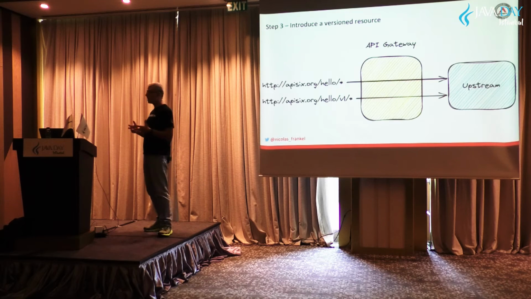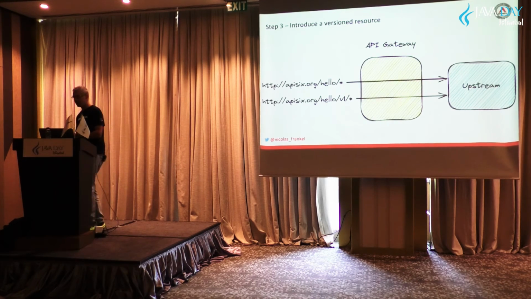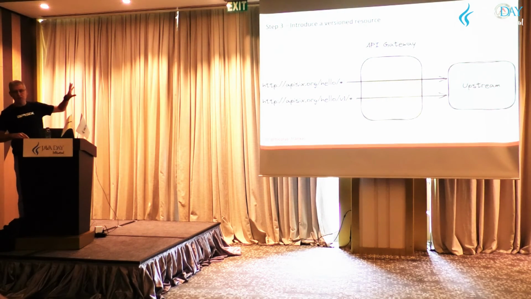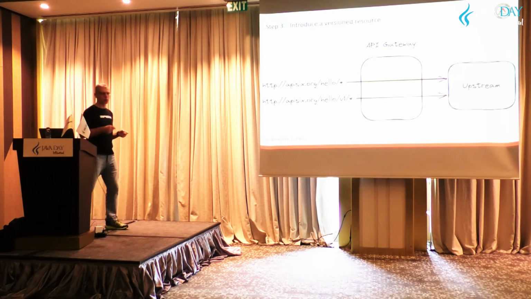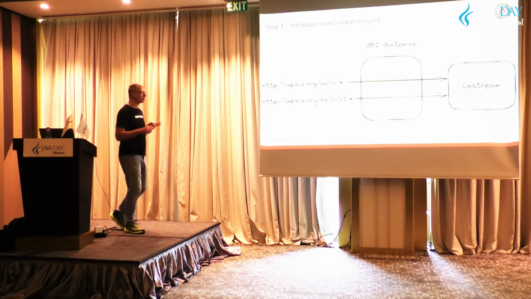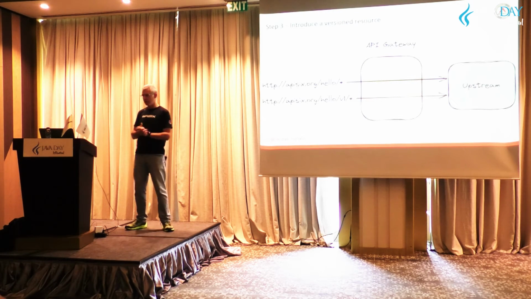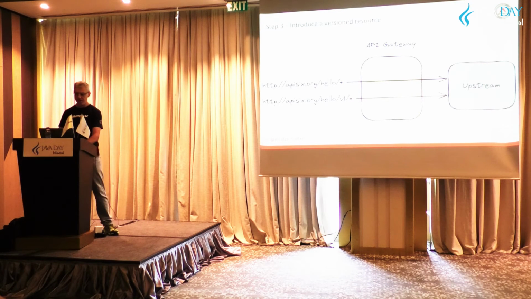There are multiple ways to version a REST API or an HTTP API. One easy way is through the path. This is what I will be using here because it's the easiest and most visible one. You can also use headers, or you can use query parameters. Everything is supported on APISIX, but here the path is the easiest one.